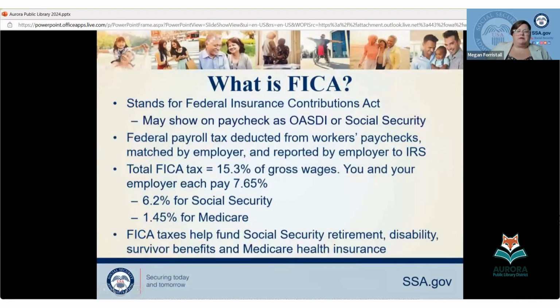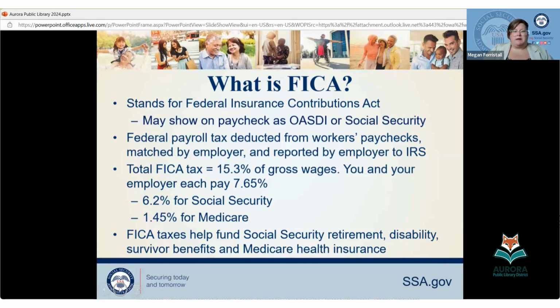Just to start with, as far as the basics of Social Security. Many people know this, but just a reminder of the backbone of the program. FICA taxes are what you're paying into the Social Security system. FICA stands for Federal Insurance Contributions Act, or it might show as OASDI, which is Old Age Survivors Disability Insurance, or Social Security taxes.